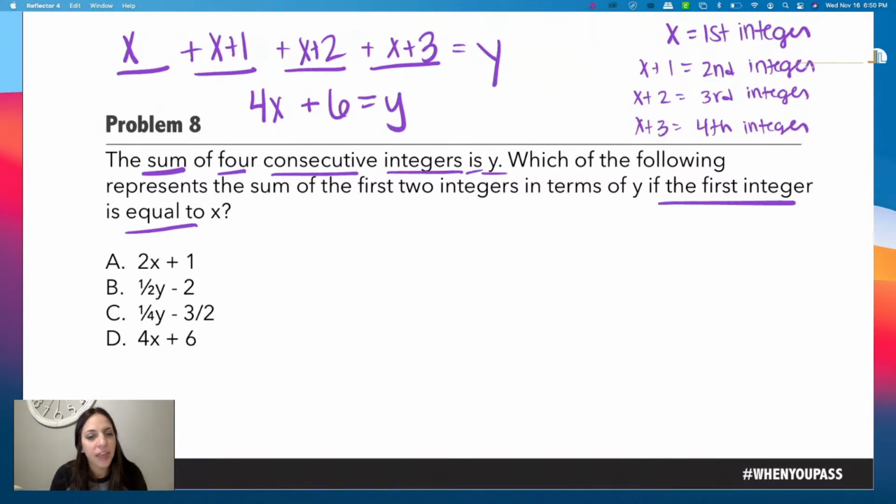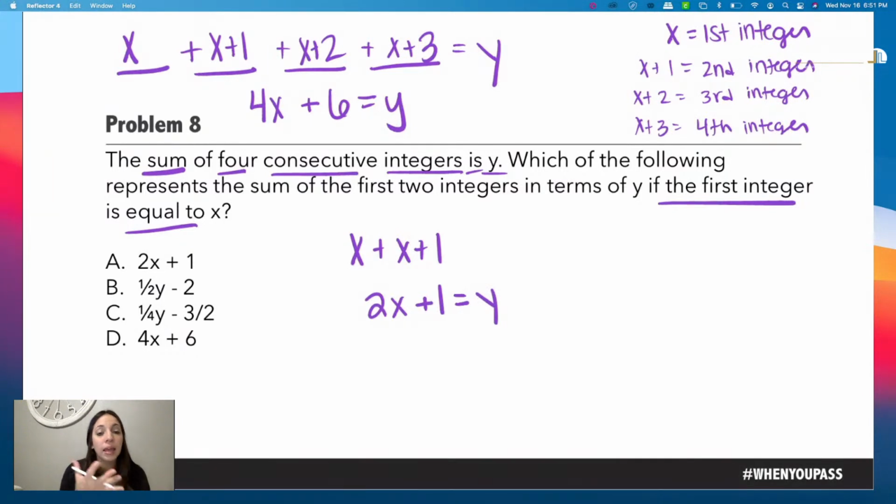Now, they want to know the sum of the first 2 integers only in terms of y. Well, we have x plus x plus 1 is the sum of the first 2 integers. X plus x plus 1 is 2x plus 1. If we're doing it in terms of y, we need the y to be the star of the show.